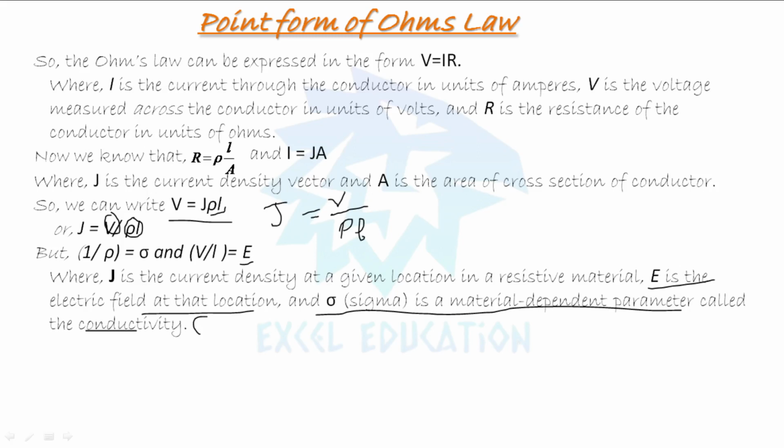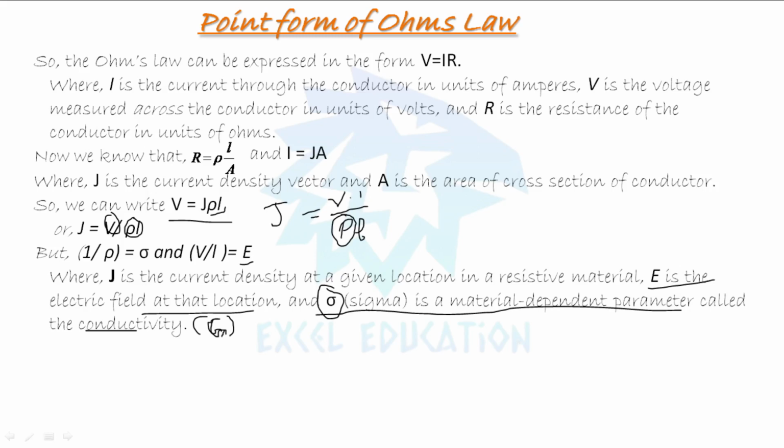Conductivity, we write it by G, as we have discussed earlier. Conductivity G is also signified by sigma. So the 1 by rho part will become sigma, and V by L will be the electric field.